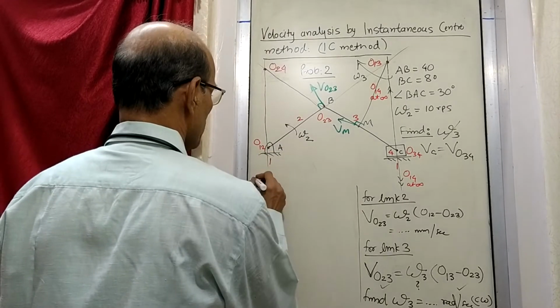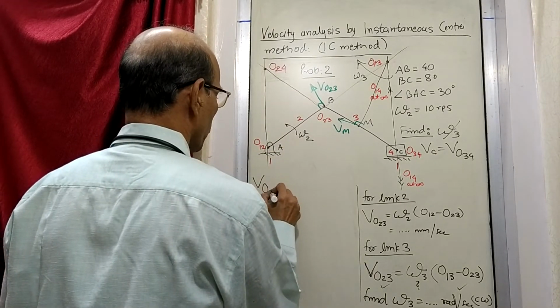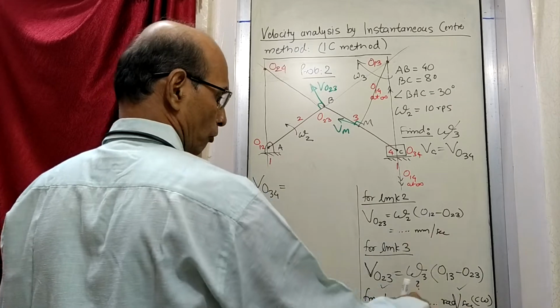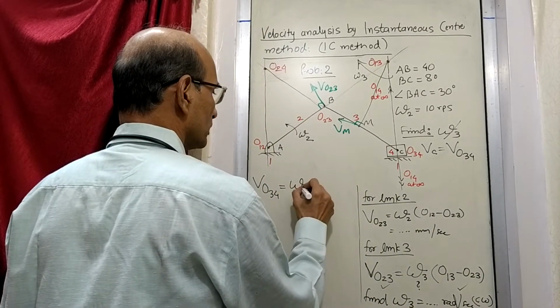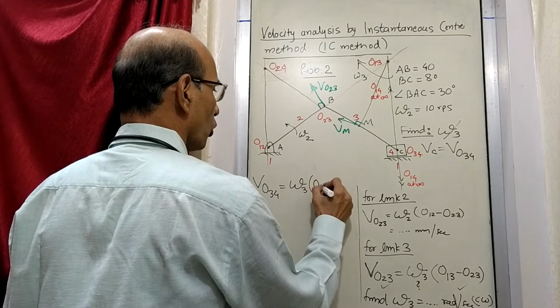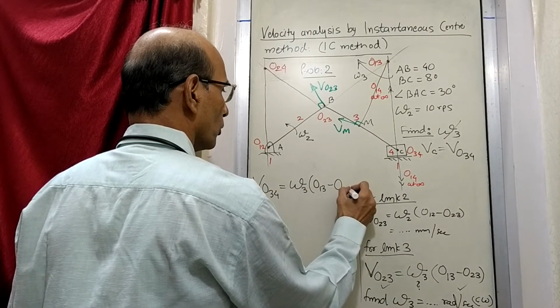The velocity of O34, which is the same as the velocity of C, is equal to omega 3 times the distance from O13 to O34.